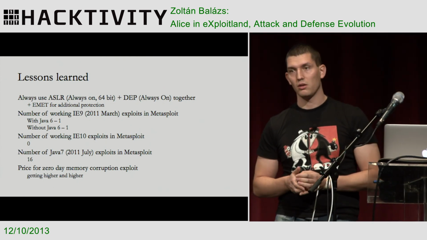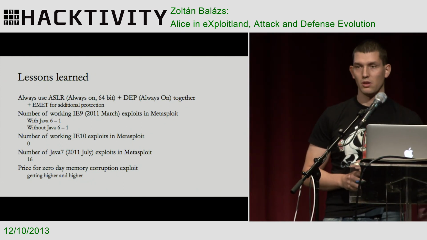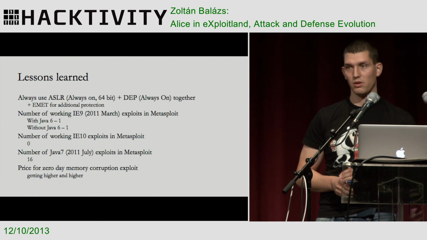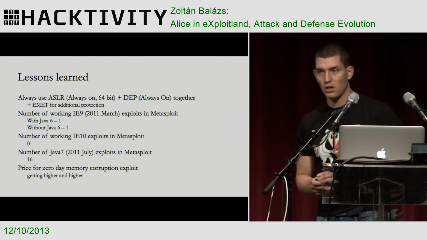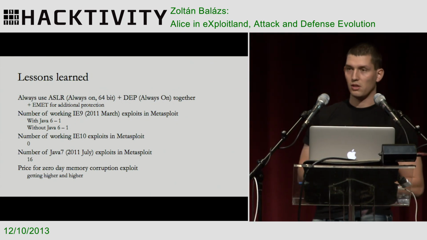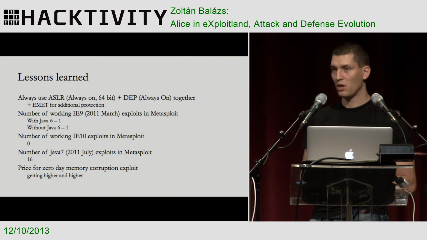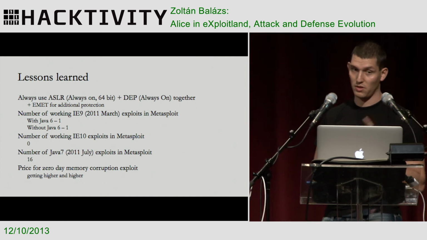And how many Internet Explorer 10 exploits can you find in Metasploit? 0. You don't have exploits in Metasploit for that. And Java 7 has been released basically at the same time as Internet Explorer 9, and we have 16 different exploits for Java 7 in Metasploit.